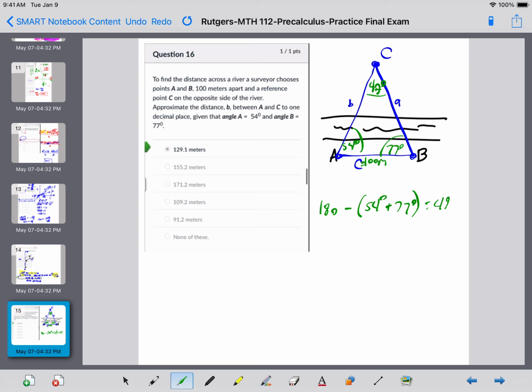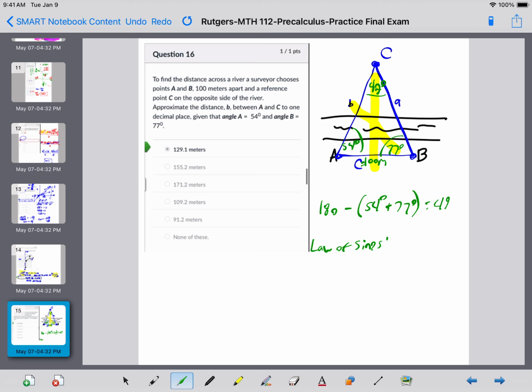So now that you have an angle across from a side and you have all the other angles, you can actually solve for the distance between A and C. So you're going to choose 77 to B and 100 to 49. So we're going to use our law of sines.